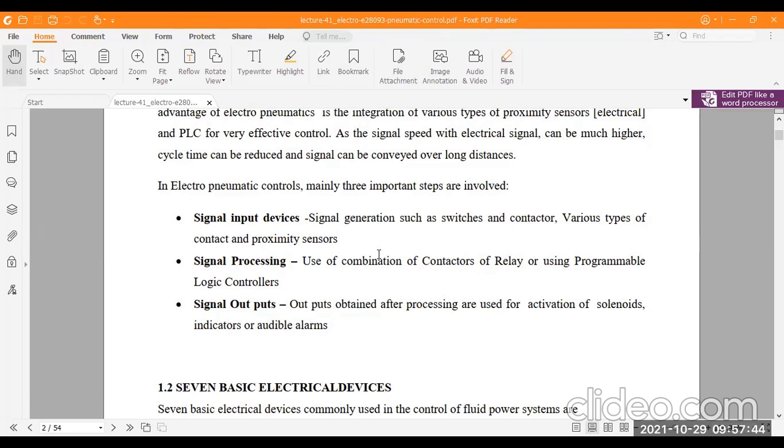Another one is signal processing. Another one is signal outputs. So first, signal input devices. This signal generation is done by a switch or different types of controller part, contactor part. So various types of contact or proximity sensors we have to use in this signal input.